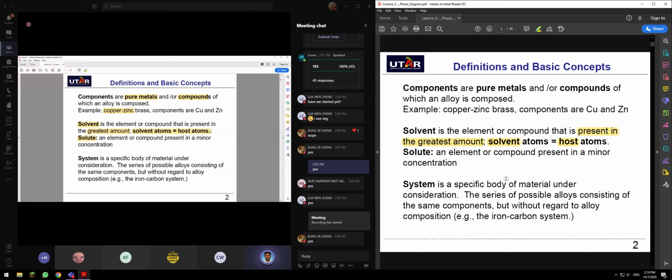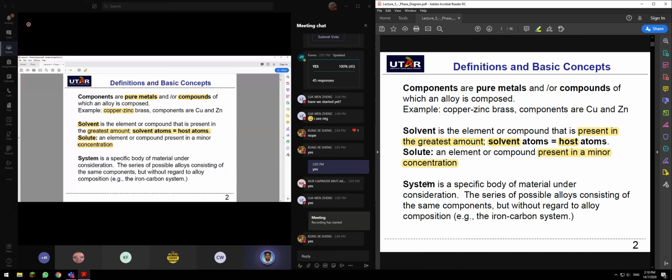Water is your solvent. Sugar is your solute. You can put a remark. Solute is an element or compound present in a minor concentration. So sugar is in minor concentration. You are adding sugar into water, and it becomes syrup, sugar water.